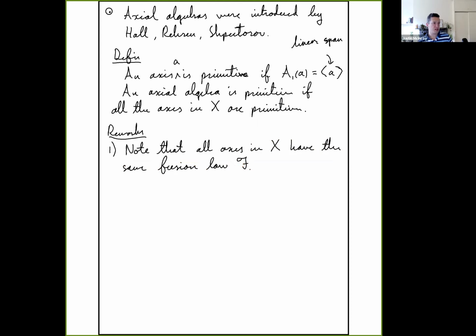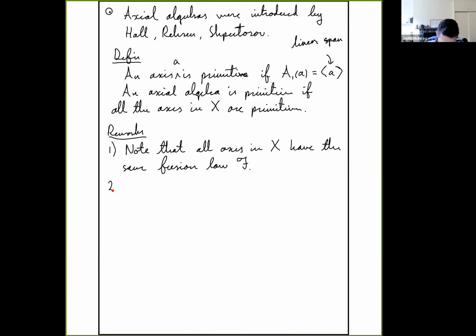So this was explicit in my definition, but I just wanted to be very clear about this. We will lose control over the multiplication if we just allow every axis to have a different fusion law. We really want all of them to have the same fusion law.